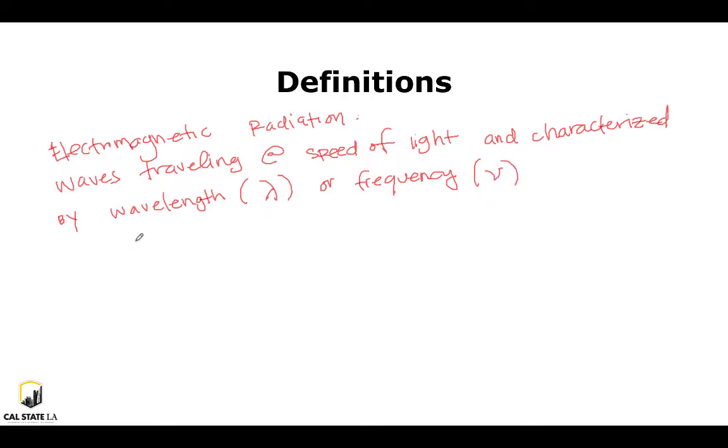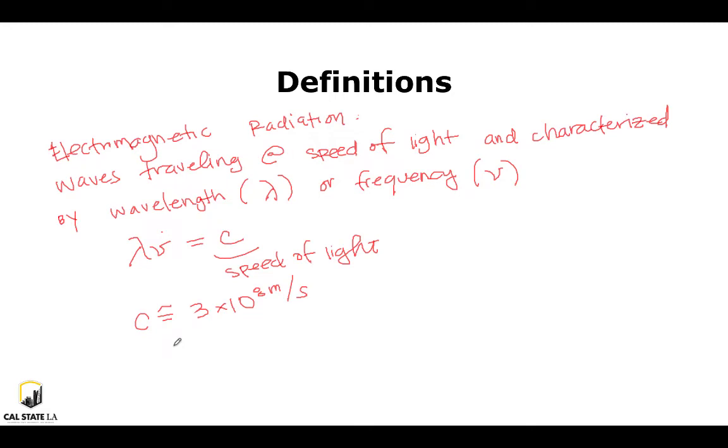So lambda multiplied by frequency is equal to c, which again is the speed of light. The speed of light is a constant and is approximately 3 times 10 to the 8 meters per second. So it moves pretty fast.